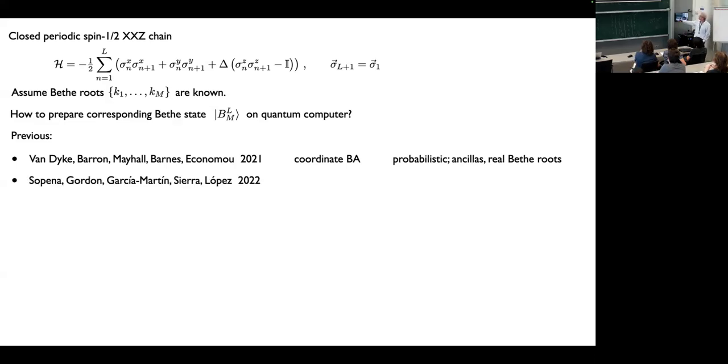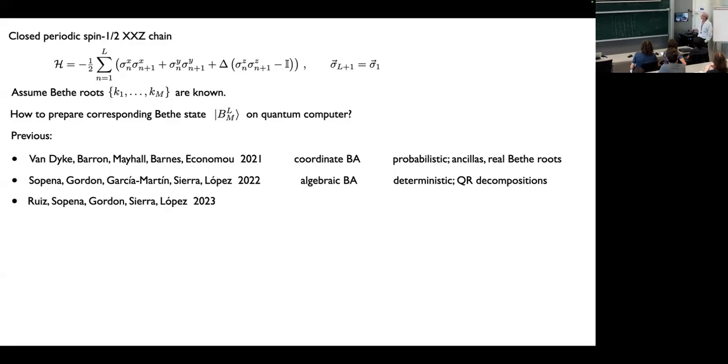The following year, a group in Madrid looked at this, and they used a different scheme, which I haven't described, called the algebraic Bethe ansatz, also very beautiful. Their algorithm was deterministic, but it involved QR decompositions, which had to be done classically. Then the following year, the Madrid group came with a sort of hybrid approach, the algebraic coordinate Bethe ansatz approach, where they proposed an analytic formula for the unitaries in their circuit.